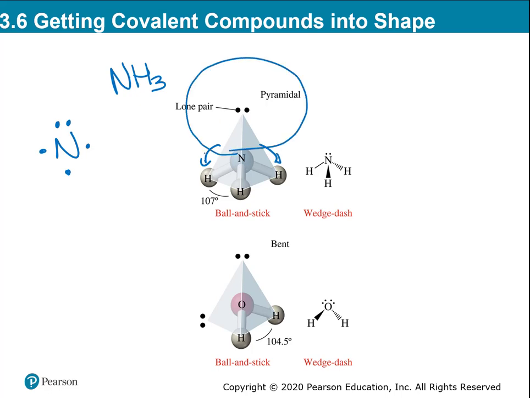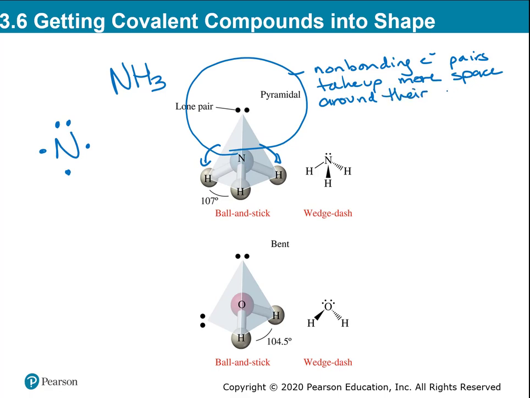This creates almost like a cloud. Non-bonding electrons take up more space. They take up more space around their atom and repel bonding pairs with the greater force.